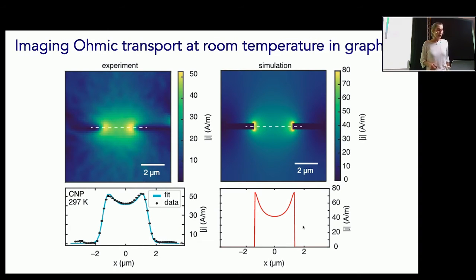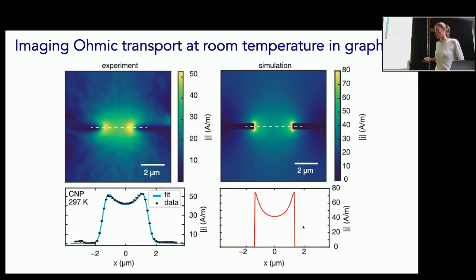So here are the first results at room temperature. On the left, we imaged the magnetic field and then deconvolved the images to extract the current density. By the way, this is a one-to-one mapping. One can get the current density in this 2D device from an image of the magnetic field in a plane above the graphene structure. And so this looks very much like the ohmic predictions that I showed on the previous slide. And indeed, this isn't even a fit, really.